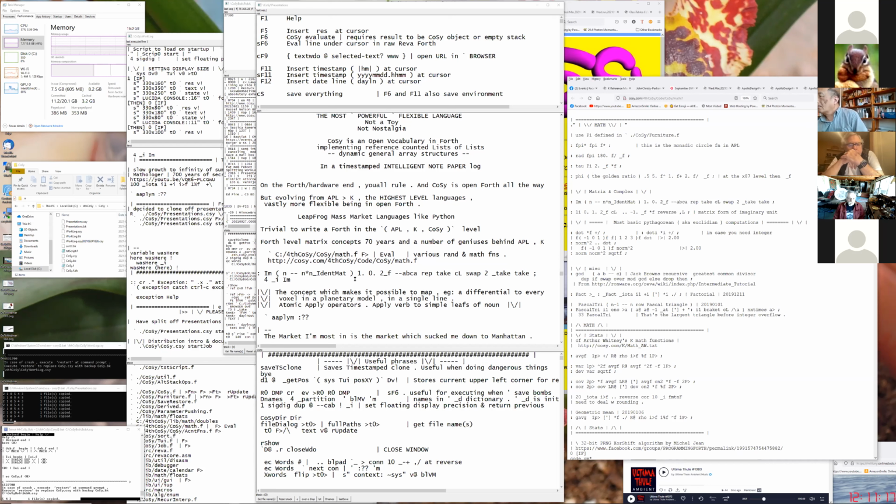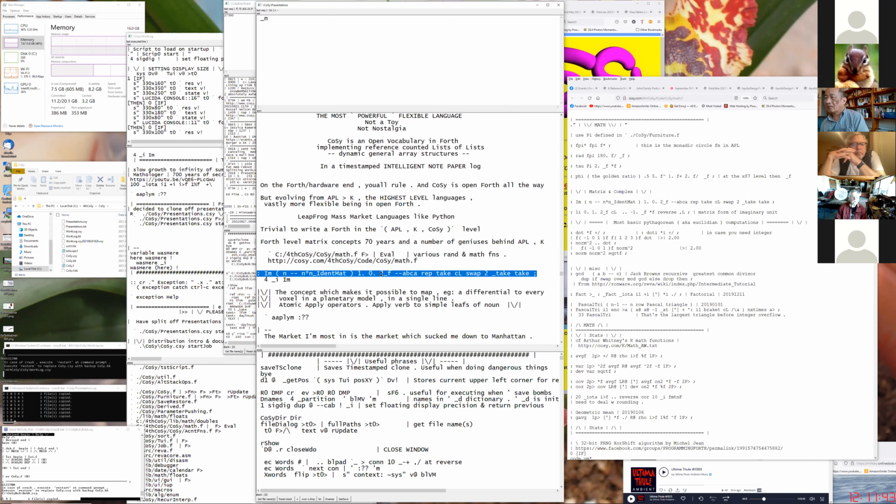Just to give a demo, it came up that looking at K and APL, it looked like they were less good for matrices than some other more direct languages like MATLAB, for instance. But one of the things that came up is, okay, this is the definition for an identity matrix.